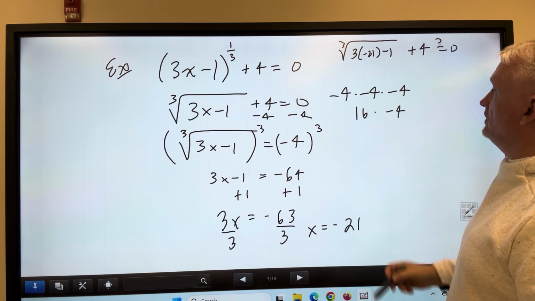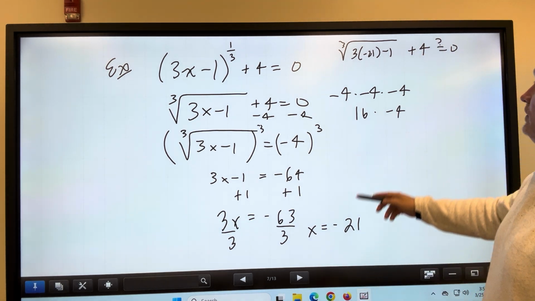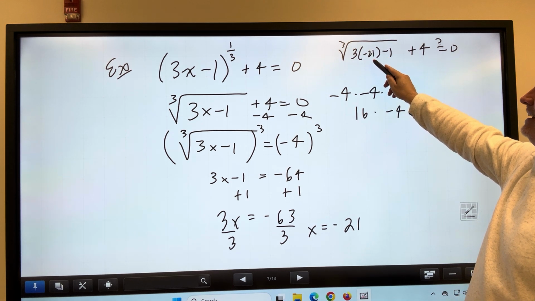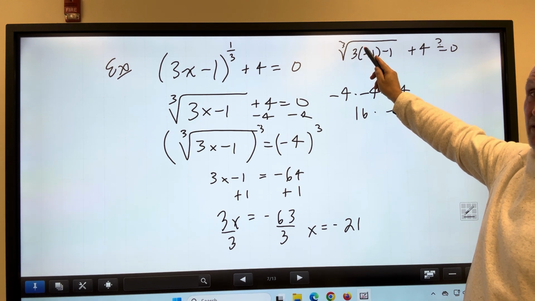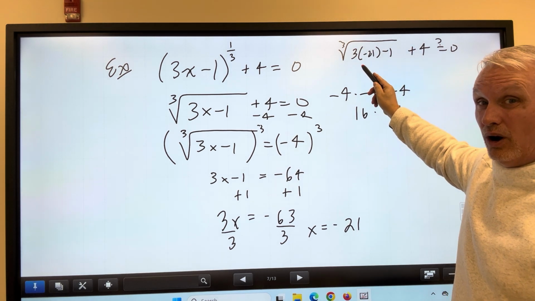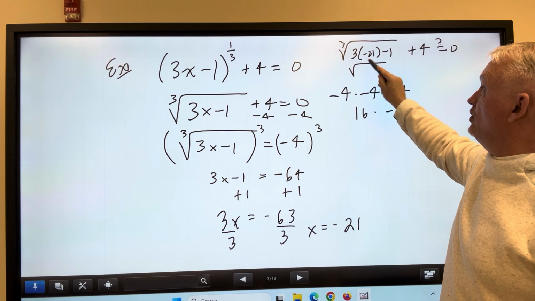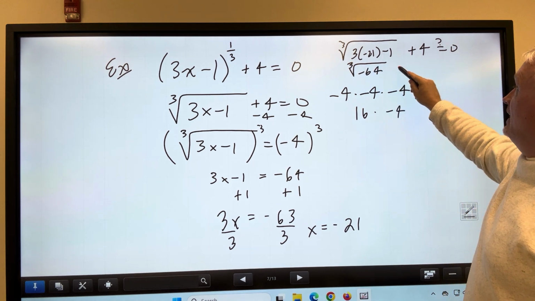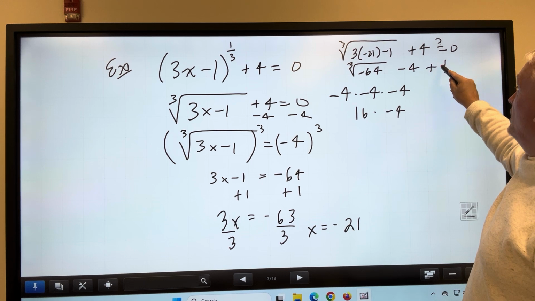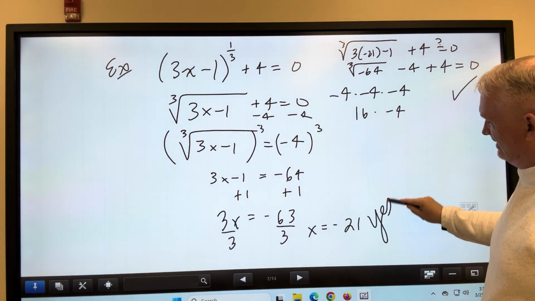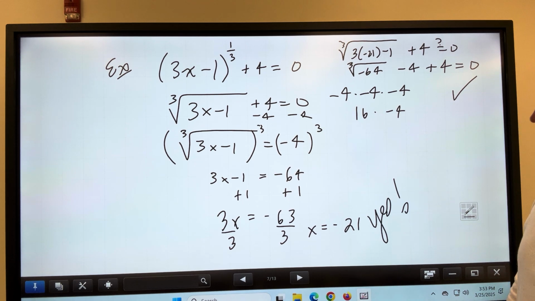Well, the question is, does it equal 0? Well, 3 times negative 21 is negative 63. Negative 63 minus 1 is negative 64. The cube root of negative 64 is negative 4. Negative 4 plus 4 equals 0. Yes, that works.